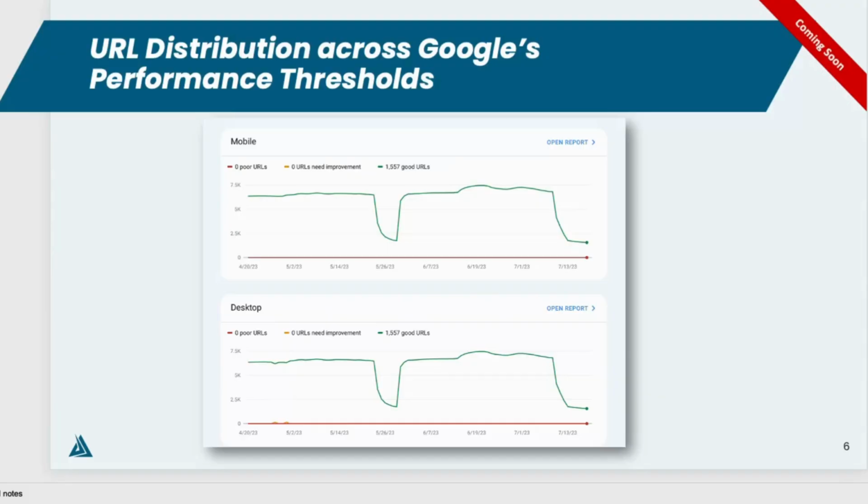So what it does is give executives and decision makers a perspective of the distribution of URLs according to Google's thresholds over time. And basically, as an executive, you can see over time whether your team is investing in those URLs, in those pages, to make them better. Are you trending worse? And where do you want to invest?